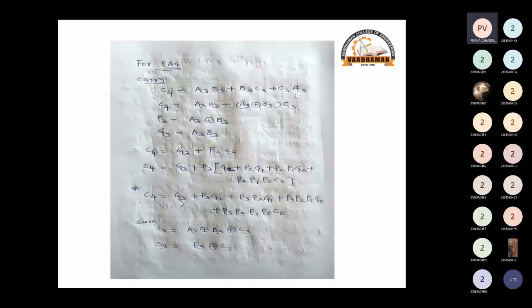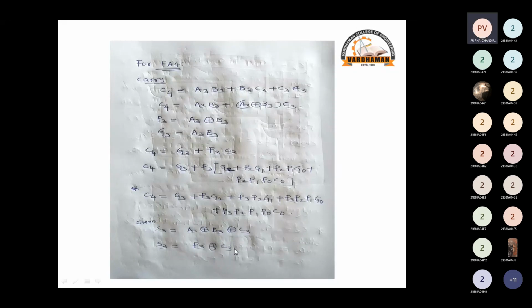This is nothing but the carry look ahead order. We can determine all carries well before the addition operation. Now, what is the sum expression of the last full adder? S3 is equal to A3 XOR B3 XOR C3, that is S3 is equal to P3 XOR C3.